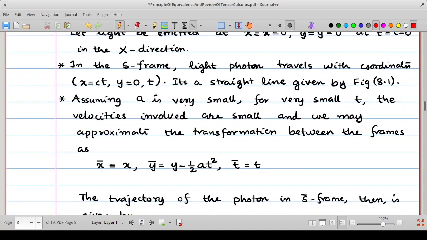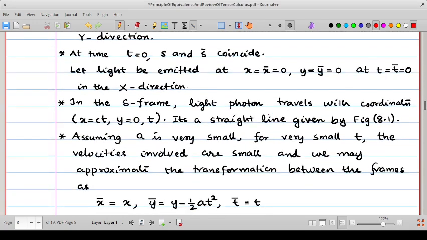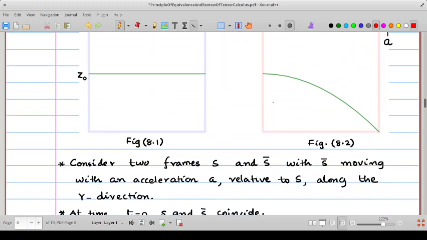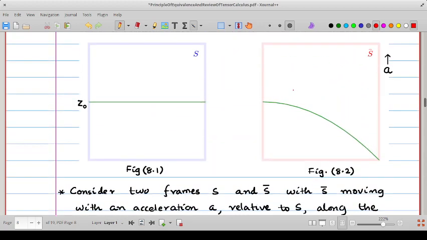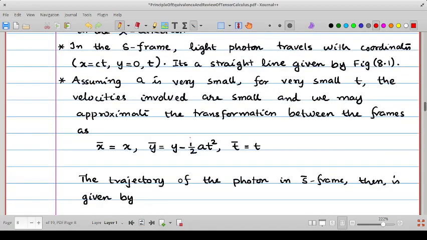Now, assuming that a is very small, and for very small t, the velocities involved are extremely small, and we approximate the transformation equation of the coordinates of an event between the two frames to be given by the non-relativistic transformation equation.